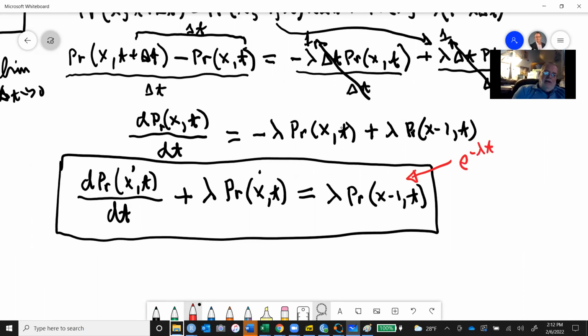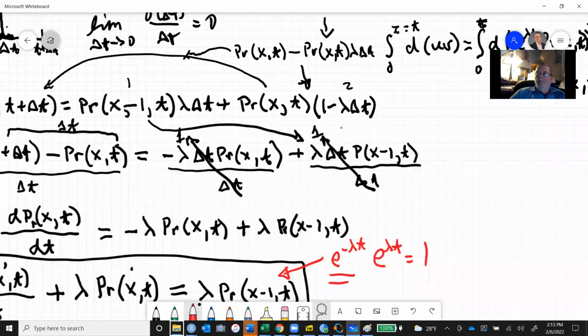So if we multiply everything through by e to the lambda t, then e to that equals 1. It's going to simplify things tremendously. That's what integrating factors do. But they also do one more thing.